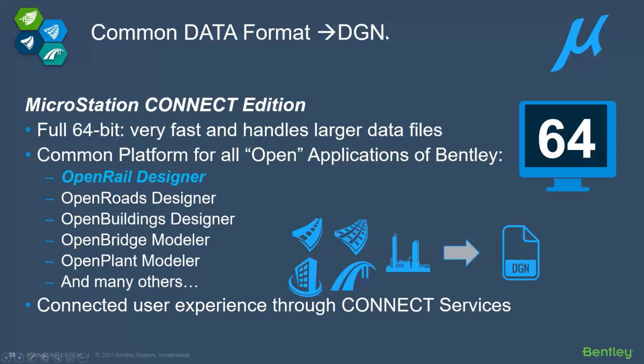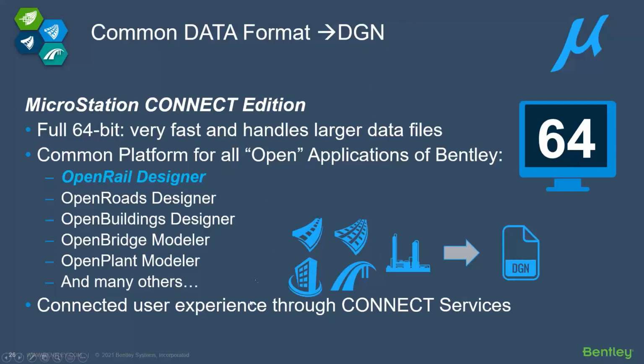Okay, the format is also DGN, or .dgn, which is standard in all design and modeling software of Bentley Systems. That makes every collaboration between different disciplines very efficient. OpenRail Designer is just one of the many open applications of Bentley that leverages MicroStation as the platform and DGN as the format.